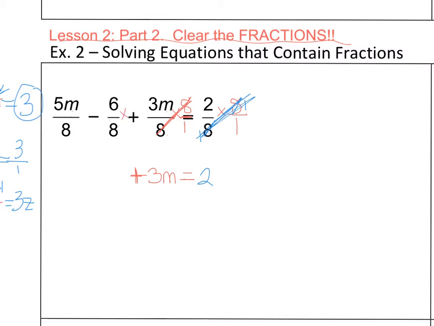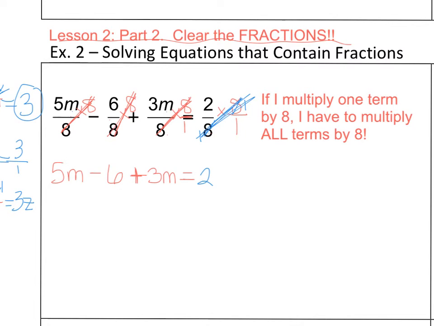I'm going to multiply this by 8, cross simplify, bring down my 6. Bring down the minus sign, multiply this term by 8, and they will cross divide. Bring down the 5m.